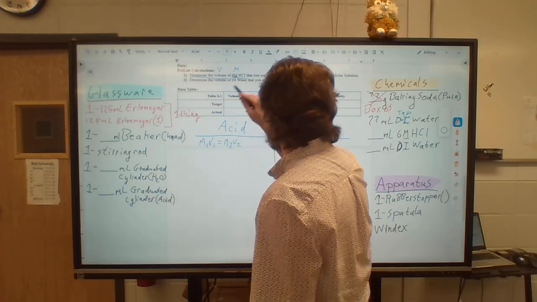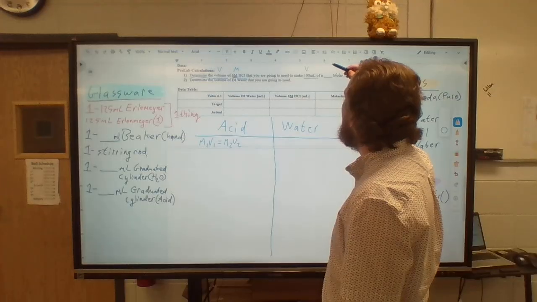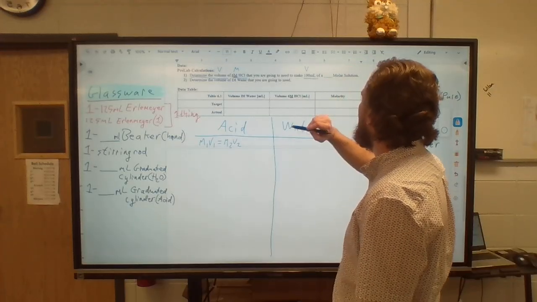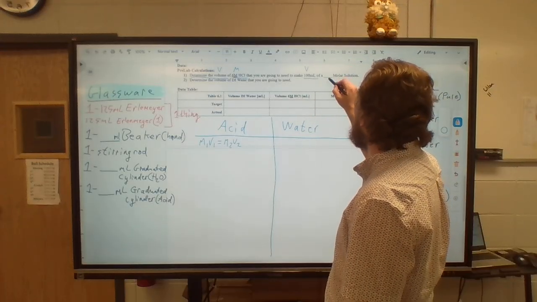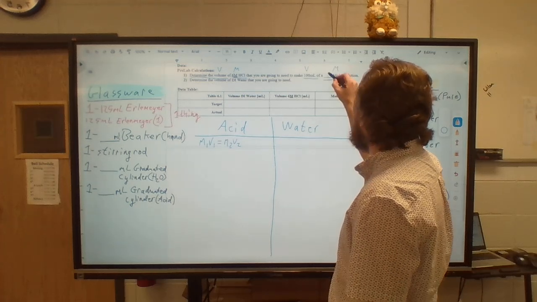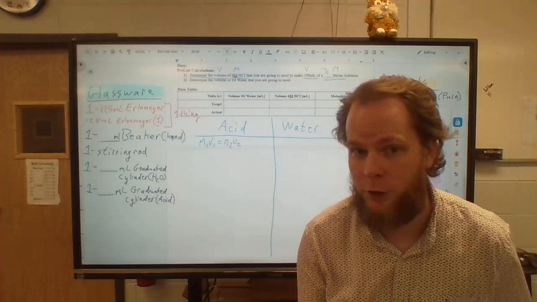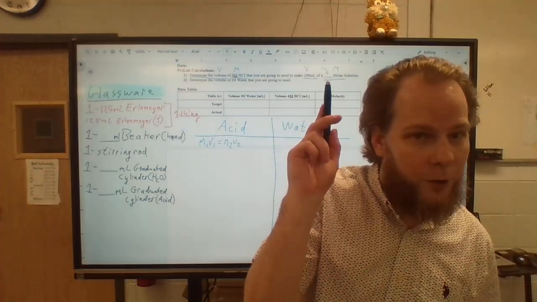That's a molarity. You are going to need to make 100 milliliters of a blank molar solution. That is a molarity, and this number is the number from your card. The card I gave you is the number that goes in that blank.